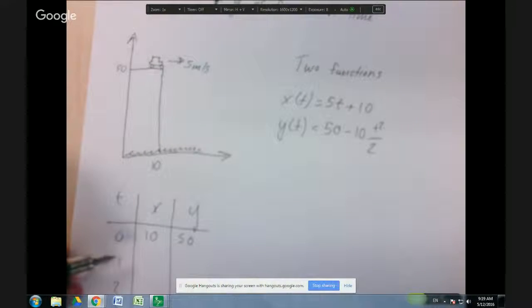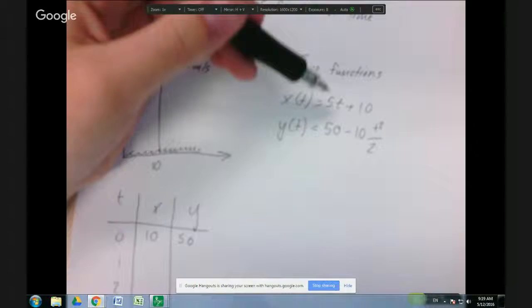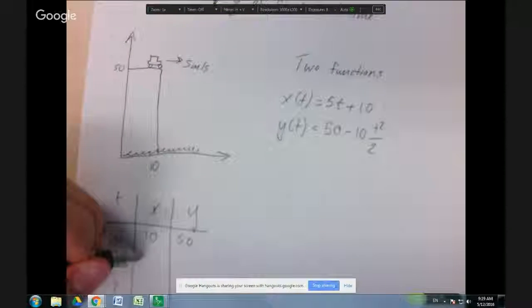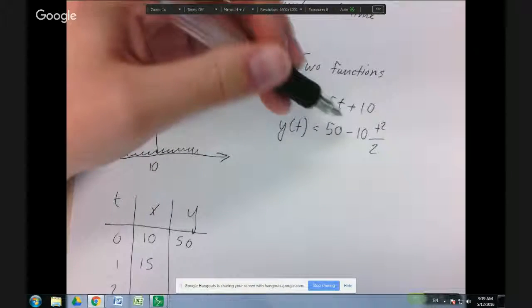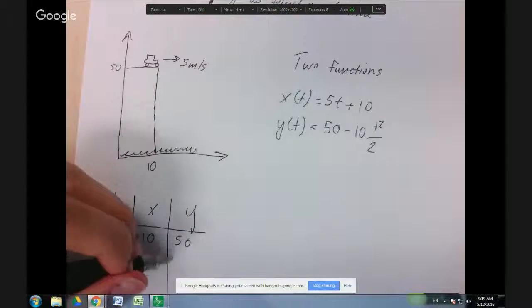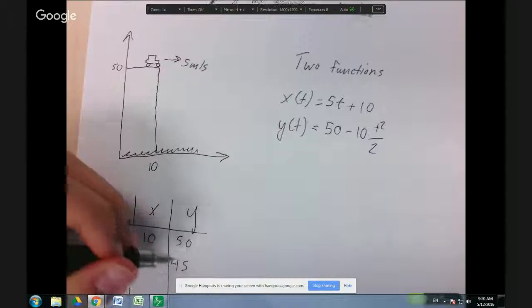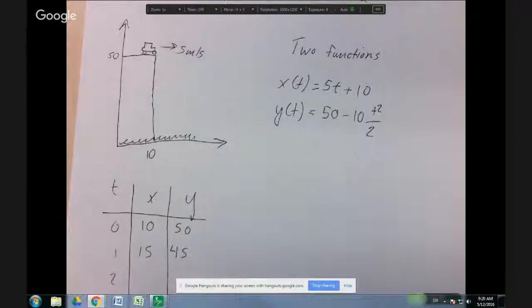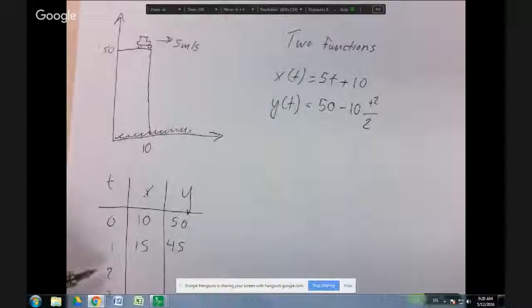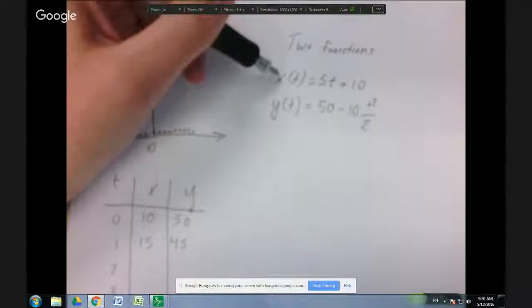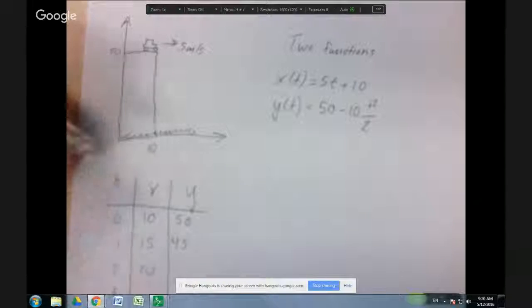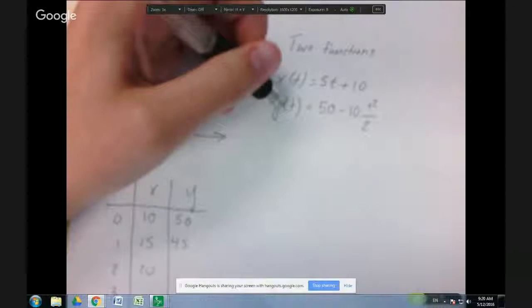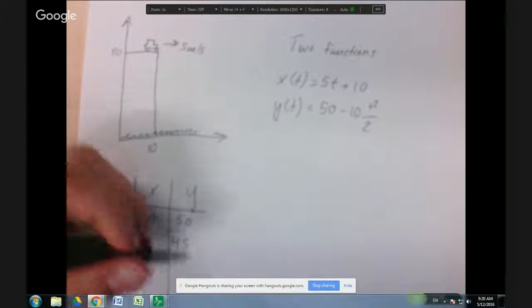Now, if we plug t equals 1 into x, it gives us 15. And if we plug 1 as t into y, that gives us 45. Now, if we go to t equals 2, we plug that into x, and we get 20. And we plug t equals 2 into y, we get 30.